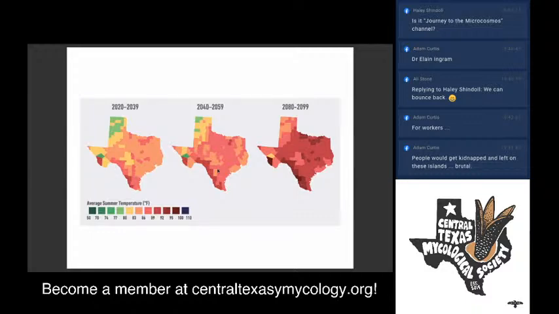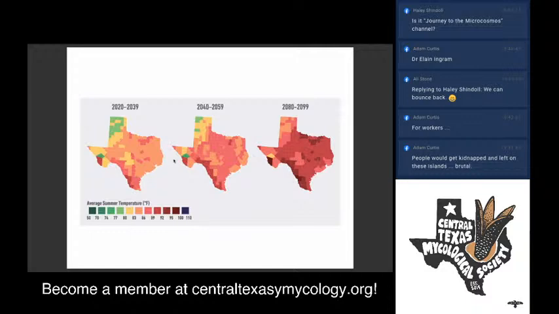And this is a shocking graphic of degree days over 100, or the summer temperature, which is like the average of the highs for the whole summer. So it's not looking good.